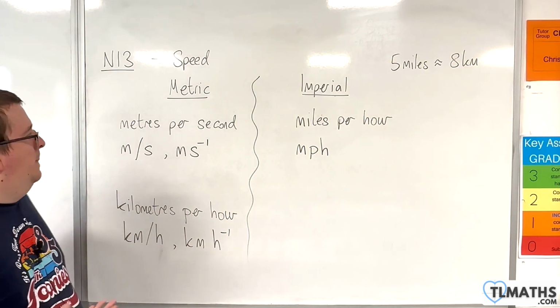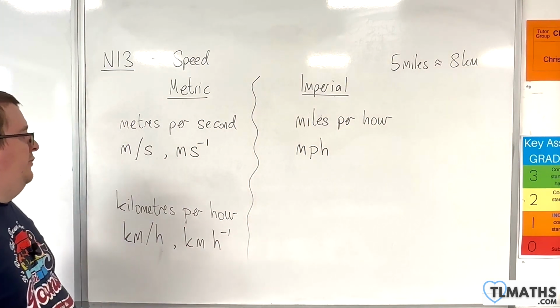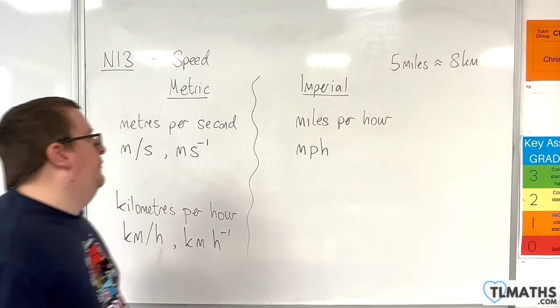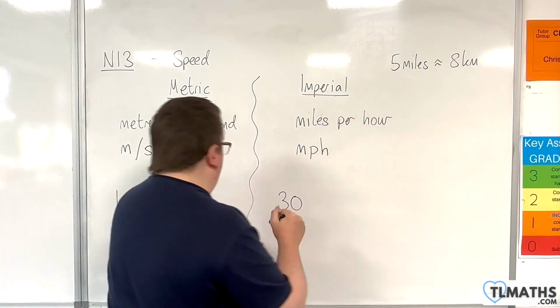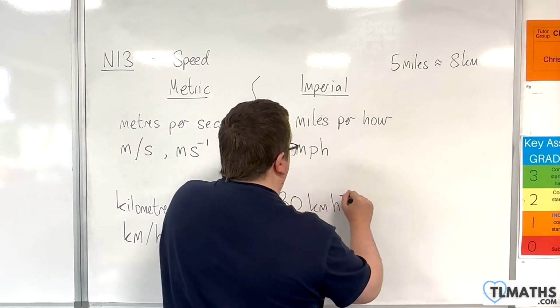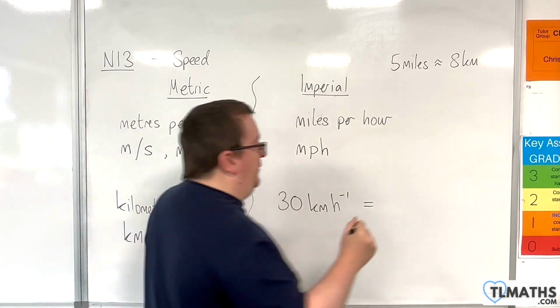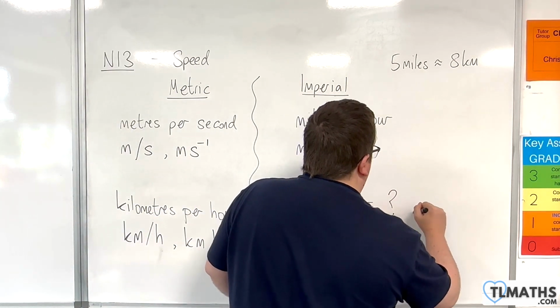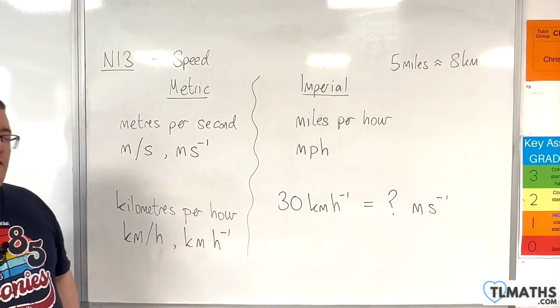It's very similar to when you're just converting between miles and kilometers. But if you're going from meters per second to kilometers per hour, let's say we had 30 kilometers per hour, and we want to write that as meters per second. Well, how do we do that?